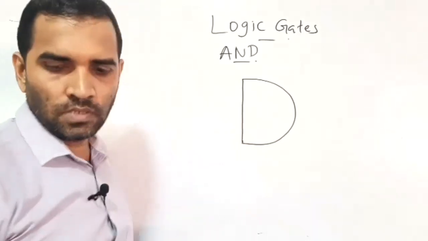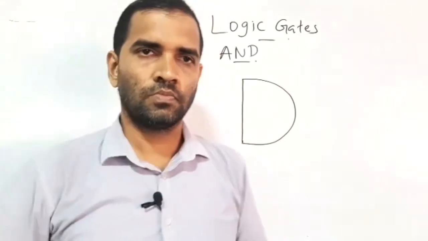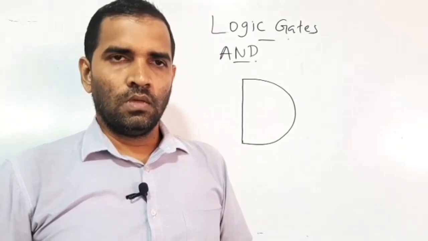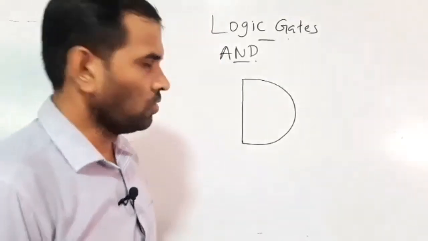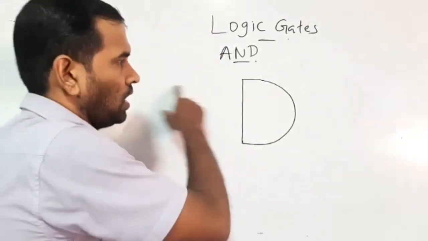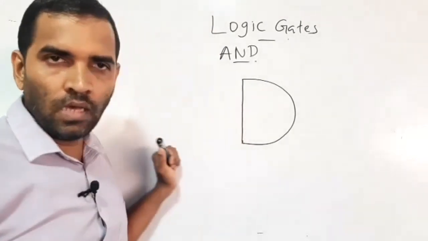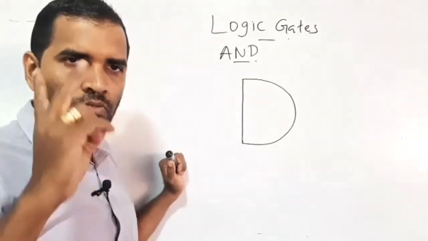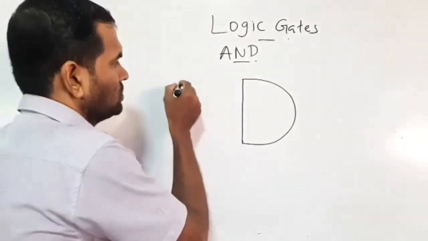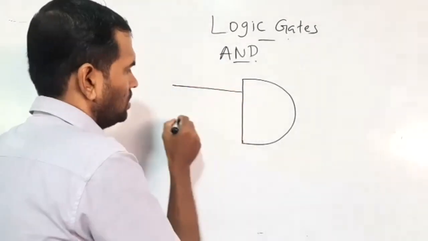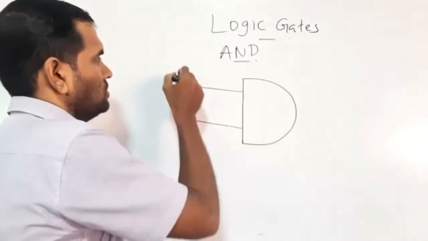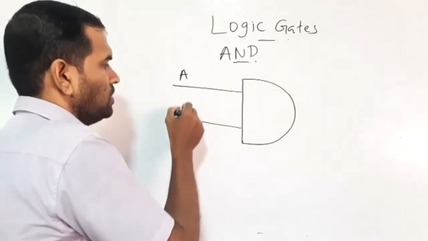Okay, this is the symbol of AND gate. Right, look here. So what I'm going to do is insert two inputs. Okay, so let me take this input and this input. So I take this as A, this is B.